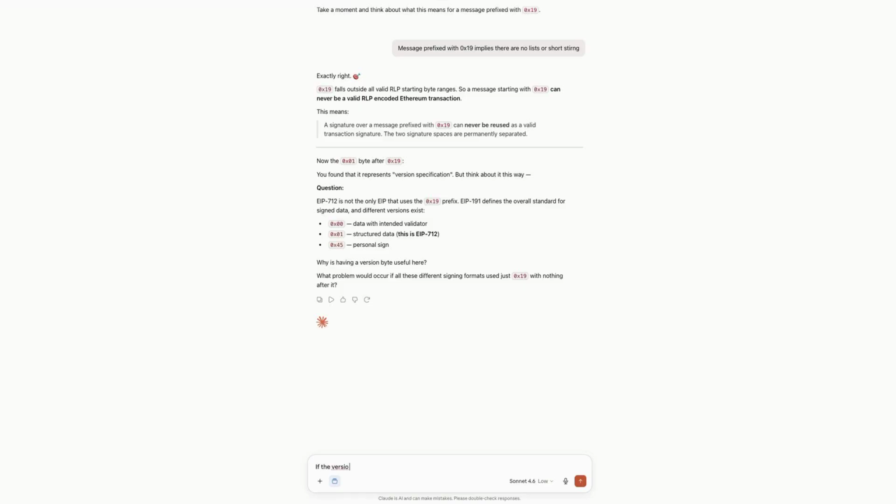If the version is not specified, then it will become impossible to handle this inside the smart contracts, because smart contracts are deterministic and cannot execute dynamic code.